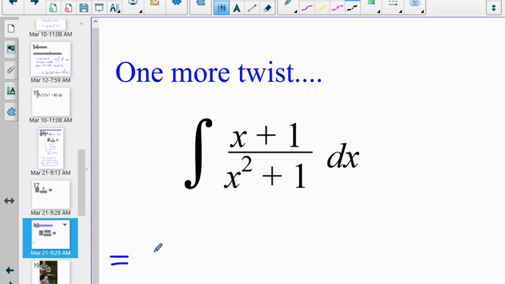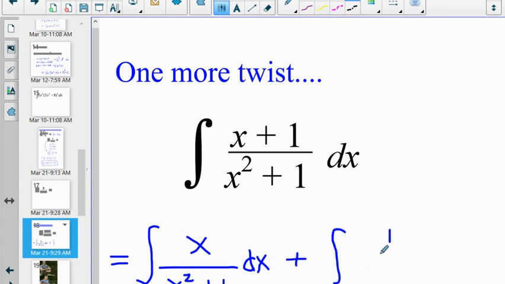I'm going to say that this integral is the same thing as the integral of x over x squared plus 1 plus another integral, 1 over x squared plus 1.